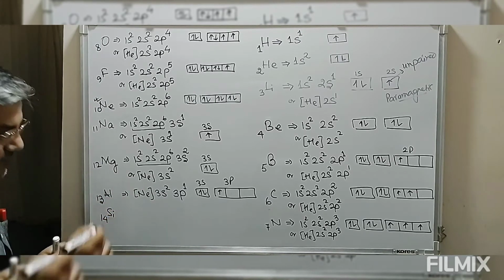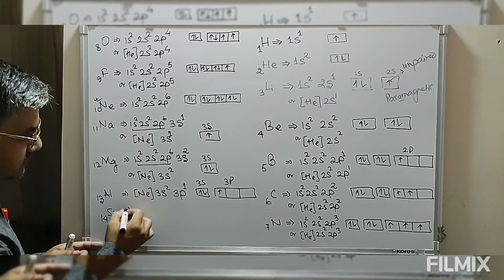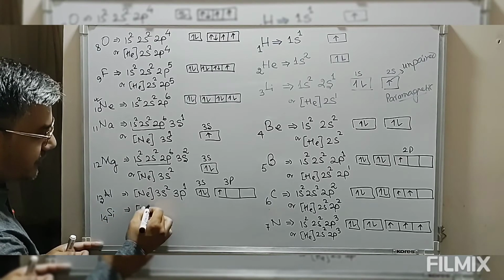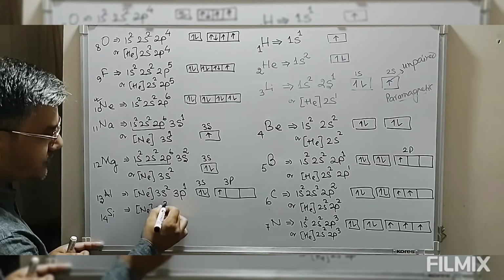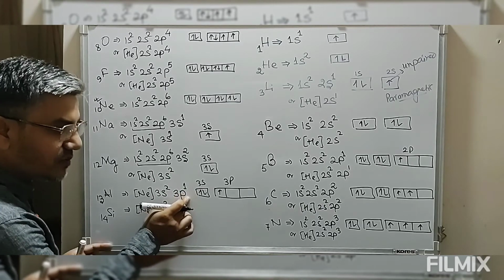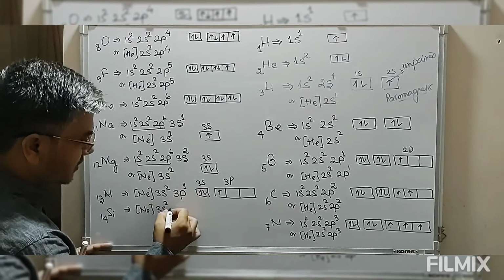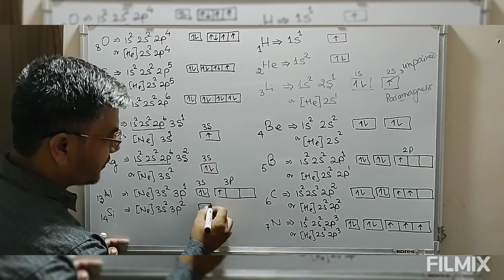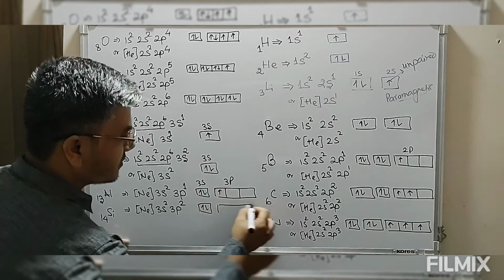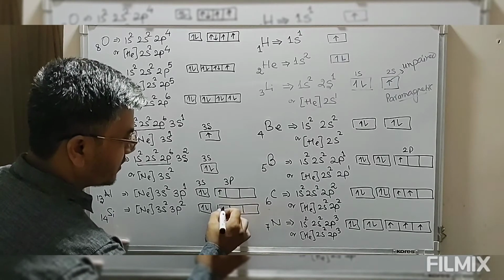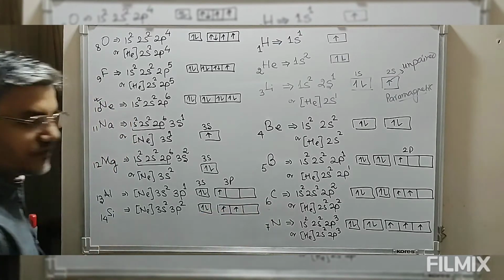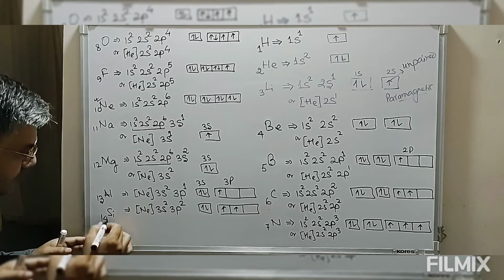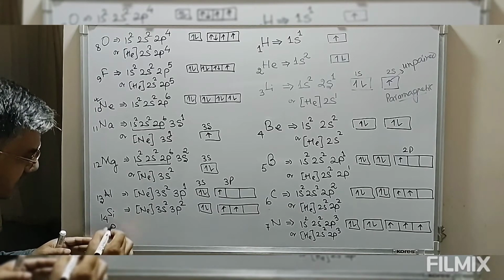Then silicon, 14. We have the configuration of neon, then 3s2, because p can have a maximum of 6. So the 14th electron should also be placed in 3p. We have 3s, 3p. Again we have to follow the rule of degeneracy, Hund's rule. Phosphorus, 15.